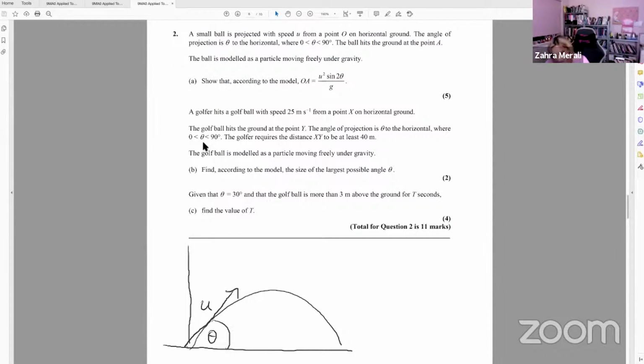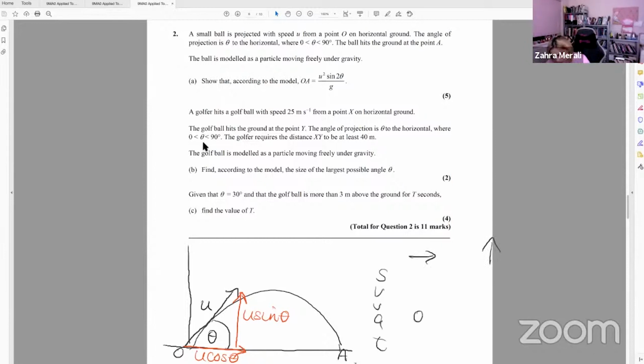And if I resolve this, I'm going to have U sine theta, U cos theta. Right, I'm starting at 0 and I'm ending in this case at A. So I'm going to think of horizontal and vertical. So straight away, horizontal, vertical, SUVAT.